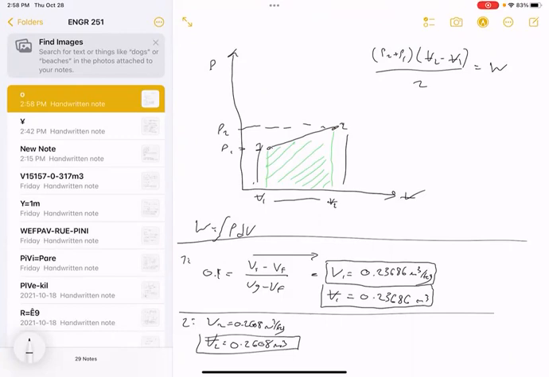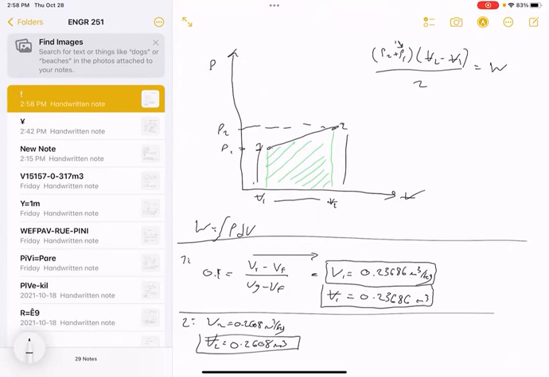Actually, one last thing we forgot to do for state 1 is we need to know the pressure. We know the pressure at state 2, it's given. We just found V1 and V2. P1, though, we need to find. So if we go back to state 1, we saw the mixture at 90 degrees Celsius. Since it's a mixture, the pressure has to be the saturation pressure.